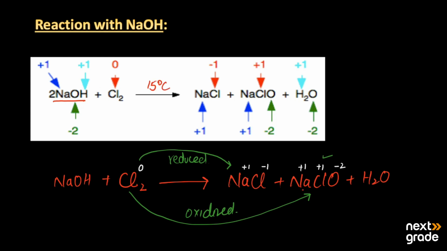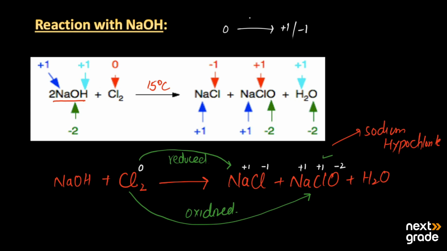The NaClO compound is known as sodium hypochlorite. This reaction is specifically called a disproportionation reaction because the oxidation state changes from 0 to +1 and -1. Oxidation and reduction take place simultaneously in the reaction.